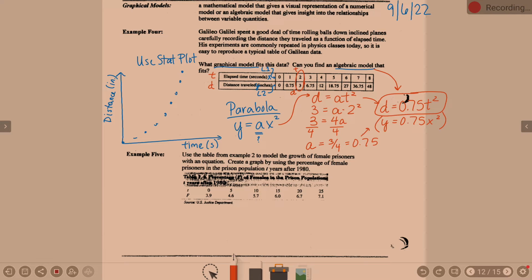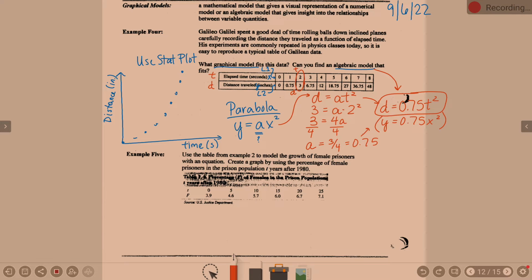Create a graph by using the percentage of female prisoners in the prison population T years after 1980. Now, these are not the exact numbers we would have had. I don't have them in my chart anymore. So we're going to use the values they have here. Okay. They give us T in terms of years. So those are years after 1980. And F being the percentage of females in the prison population.